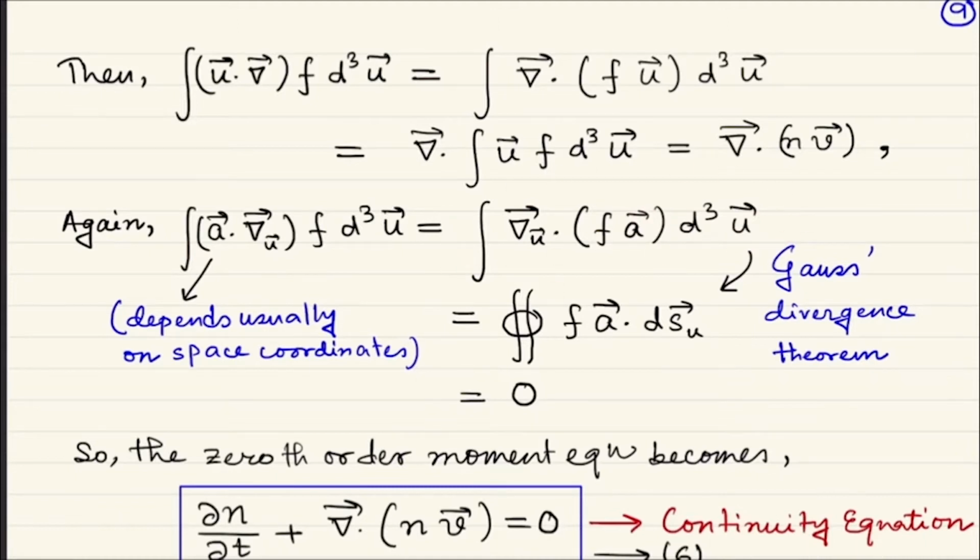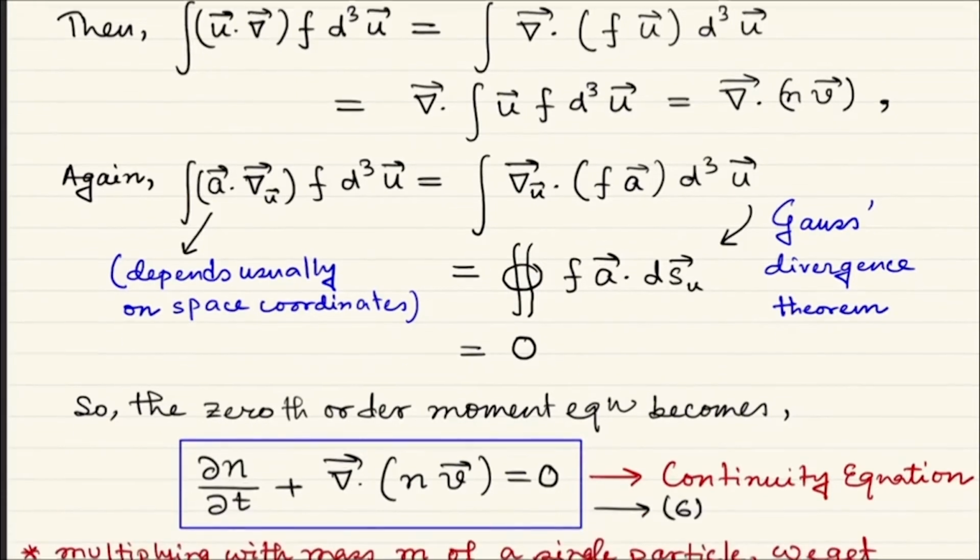Now I have the right to use Gauss's divergence theorem. For this volume I can extend the containing surface to infinity, so that at infinity I don't have any matter. On that surface this flux is 0, and that's why I have a vanishing quantity.